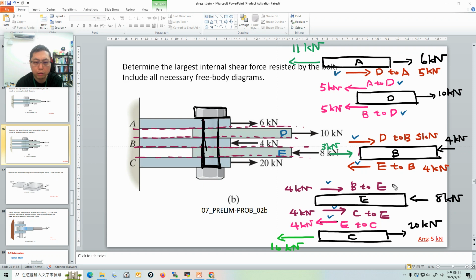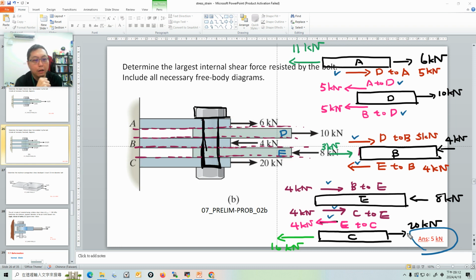Let's look at which is the largest. It looks like it's 5 kilonewton. These are 4, 4, 4, 4, and these are 5, 5, 5. So the largest value of shear force is 5 kilonewton. The largest shear force in this bolt is 5 kilonewton.